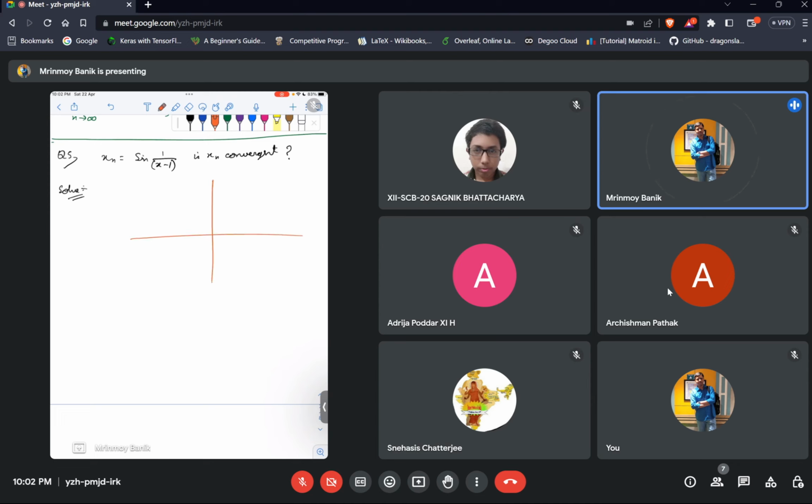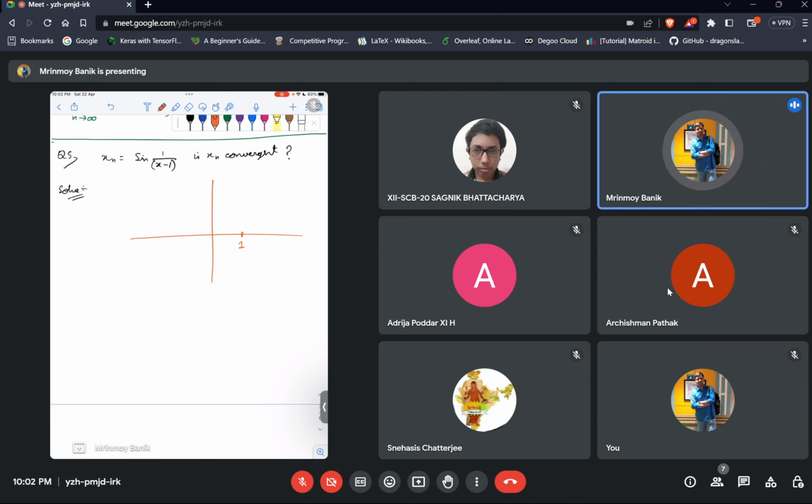So it's shifted, so at x equals 1, this is infinity. For very large values of x, sine of 1 by x minus 1 is actually a very small number.